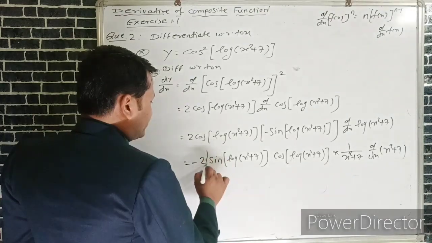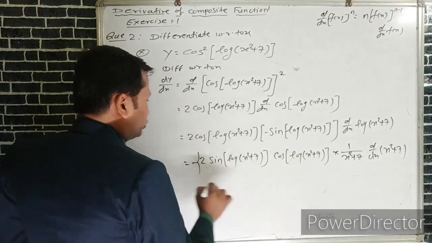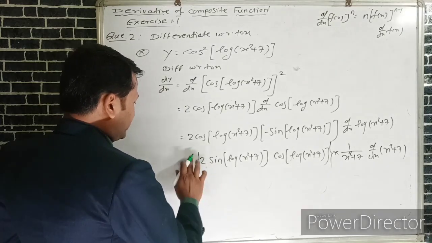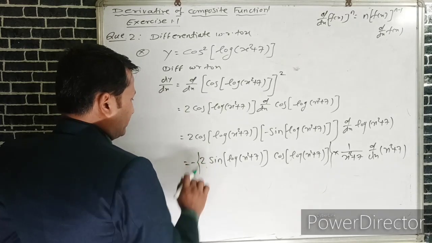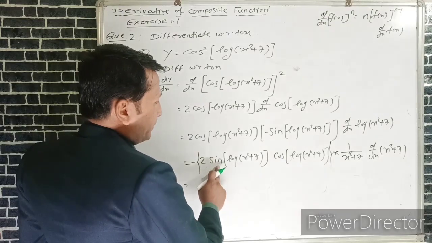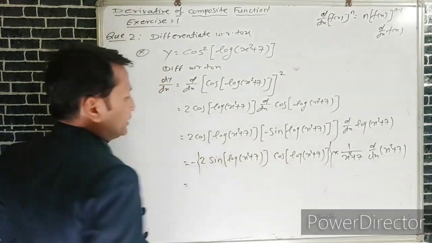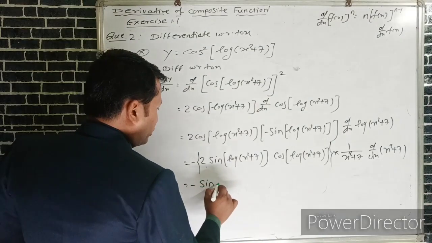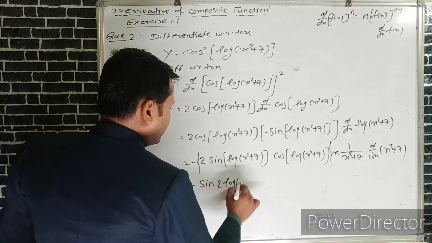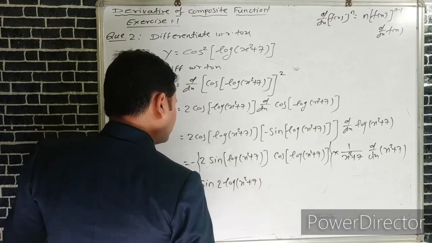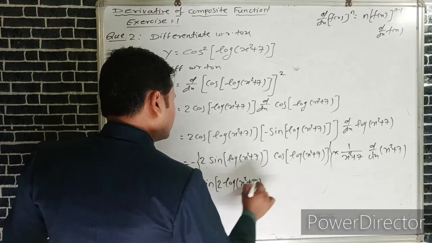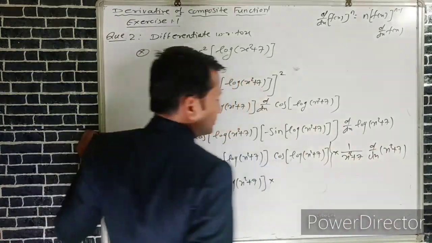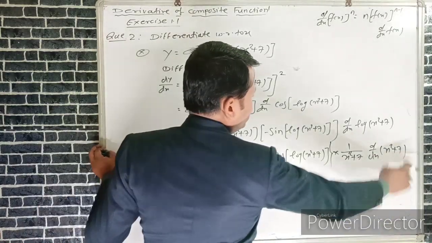We know that 2 sin theta into cos theta is equal to sin 2 theta. Hence we can write 2 sin of bracket into cos of bracket is equal to sin 2 bracket, minus sin of 2 log of x square plus 7 into derivative of x square is 2x and the derivative of constant function 7 is 0.